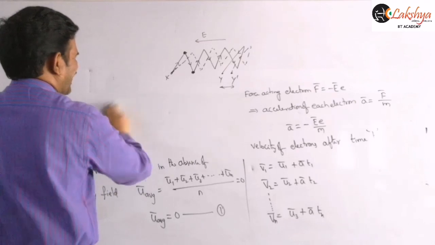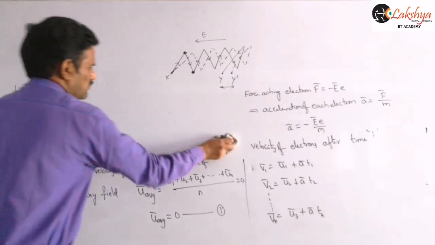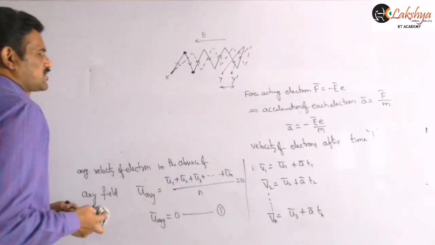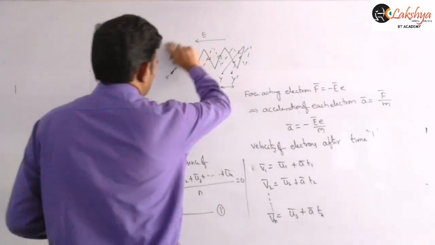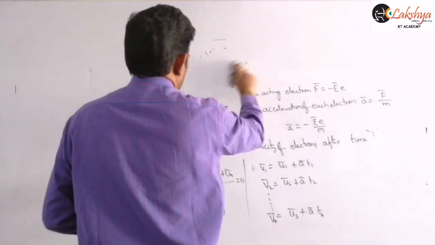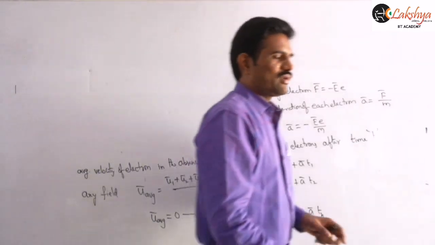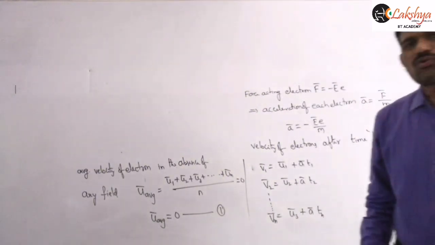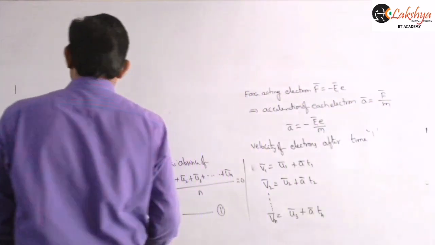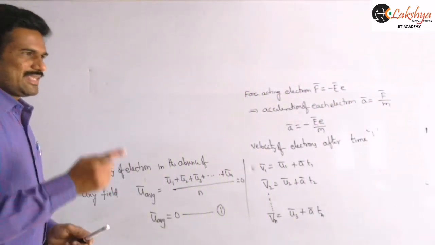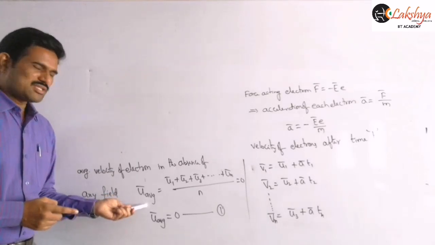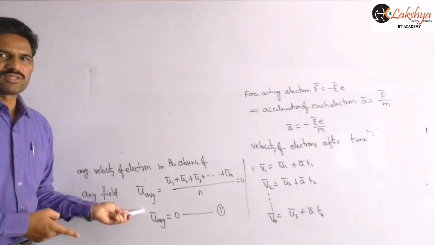Now let us find the average of all these velocities. That is nothing but what we call the drift velocity. So the drift velocity is nothing but the average velocity of all the electrons in the presence of an electric field. In the absence of electric field, the average velocity is 0. That we already concluded in the beginning.